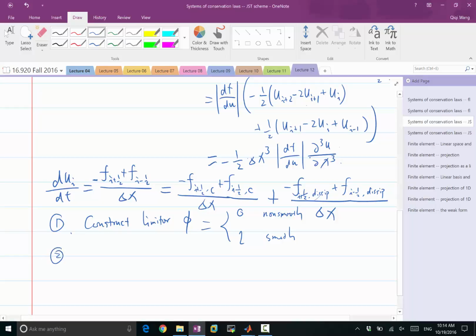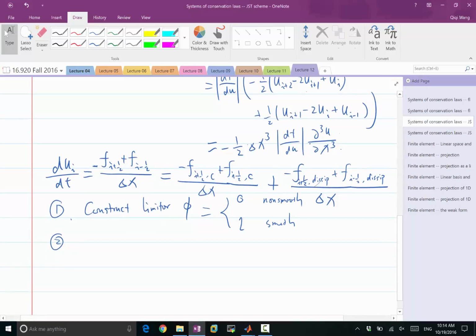And the second step is to construct a second order dissipation flux, which is proportional to the first order derivative times the maximum value of the characteristic speed.